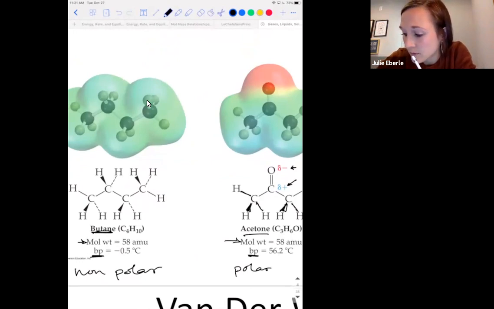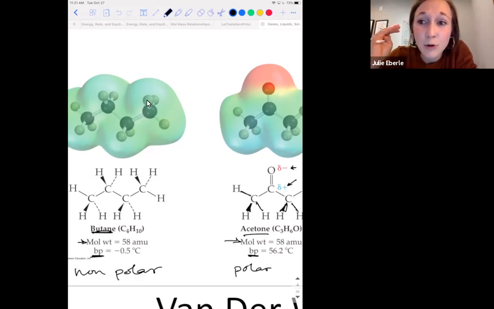Look at those numbers. For the nonpolar molecule, it's negative 0.5 degrees Celsius. Is that high or low? I'll tell you this, 21 degrees Celsius is room temperature. So negative 0.5 degrees Celsius is really low. What does that tell you? Butane boils with no heat at all, less than room temperature. So essentially at room temperature, it's definitely a gas.